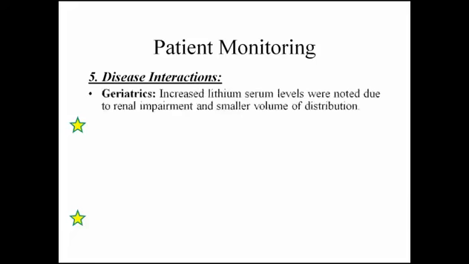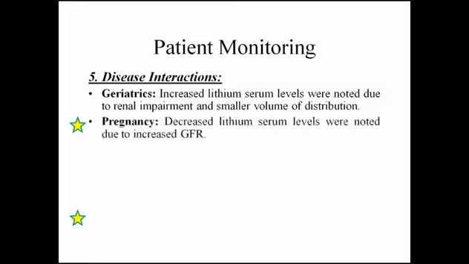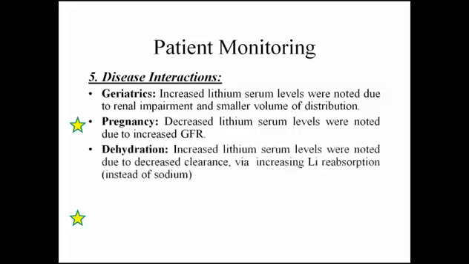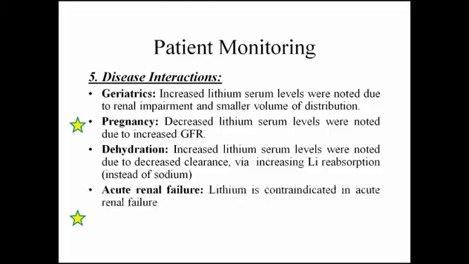Disease interaction or condition: geriatric patients and patients with renal impairment will have lower clearance. Pregnancy will have decreased lithium level due to increased GFR. Dehydration results in increased level.